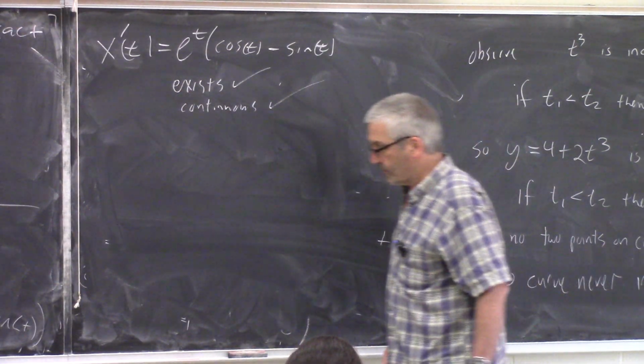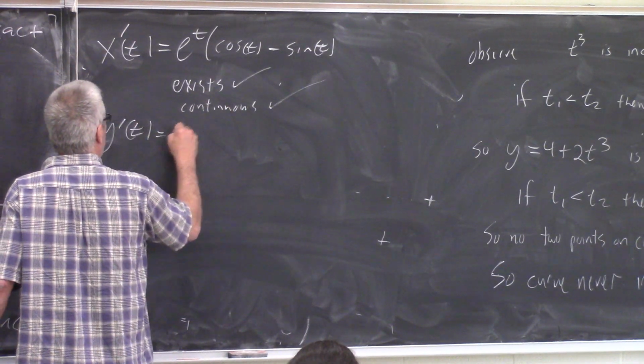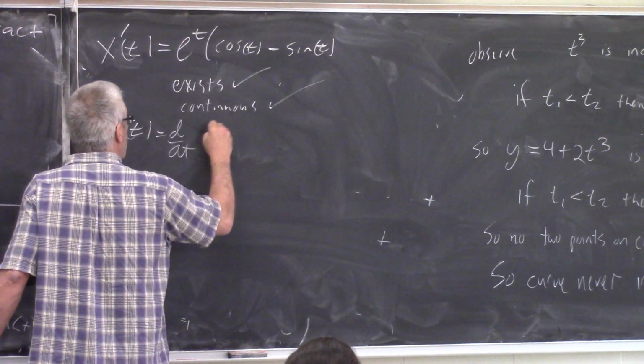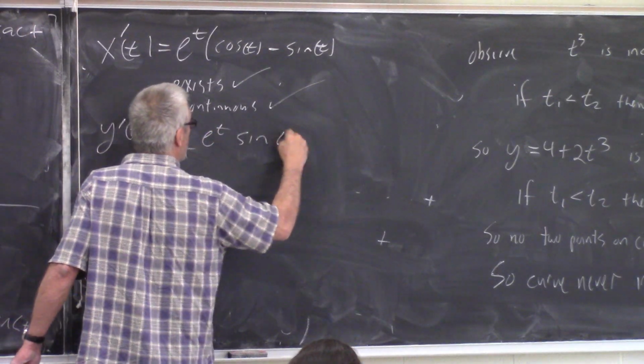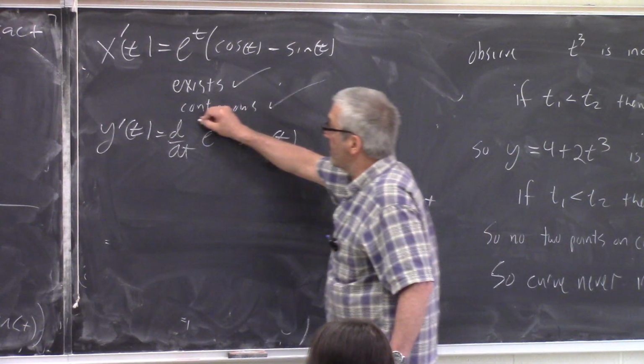Okay, let's look at the derivative of y. Y prime of t, that's going to be the derivative of e to the t sine t. Well, so again, this is going to be a product rule.